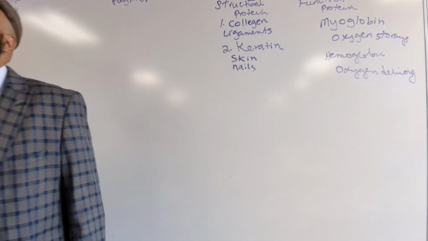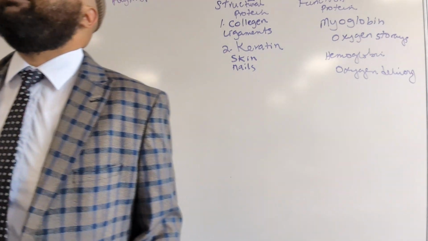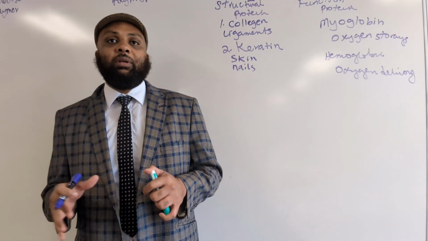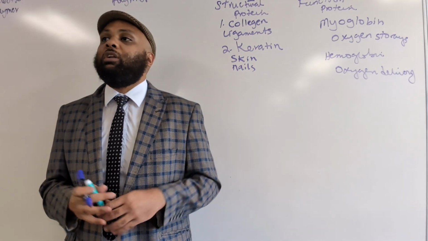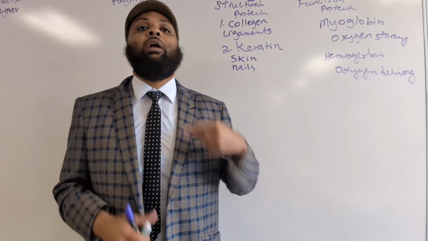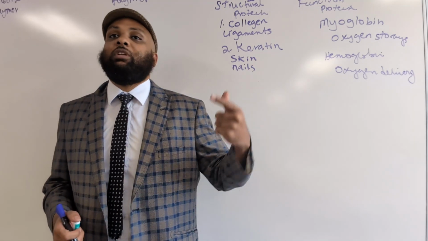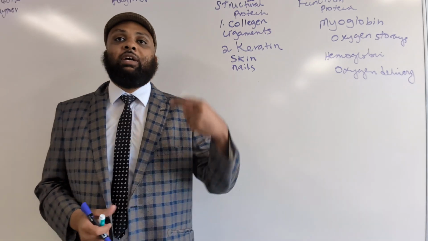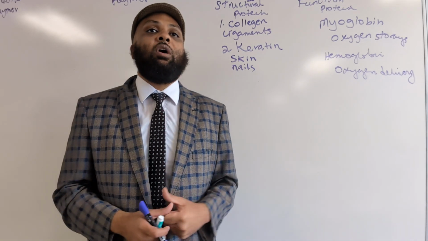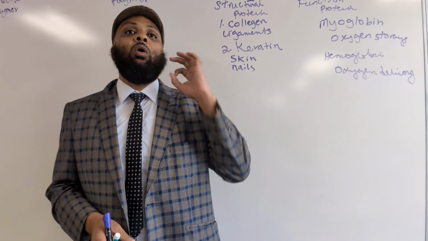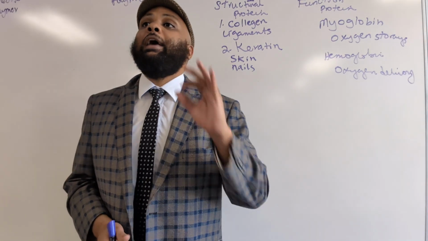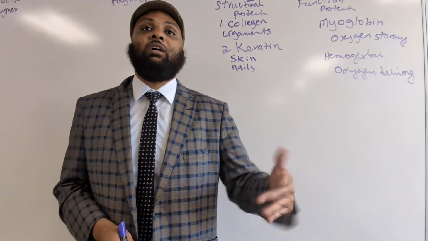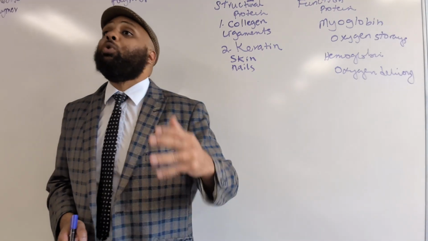So if hemoglobin and myoglobin both arrive to the tissue carrying oxygen, only one of them will unload the oxygen and give it to the desperate tissue needing oxygen for aerobic respiration, and the tissue needing oxygen for oxidative phosphorylation. Only hemoglobin is going to give it, and myoglobin will never give the oxygen because it does not transfer oxygen, it only stores oxygen.